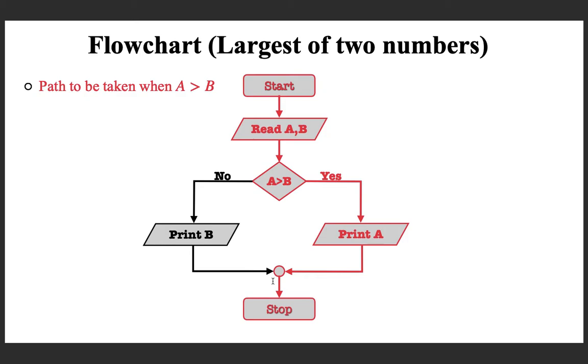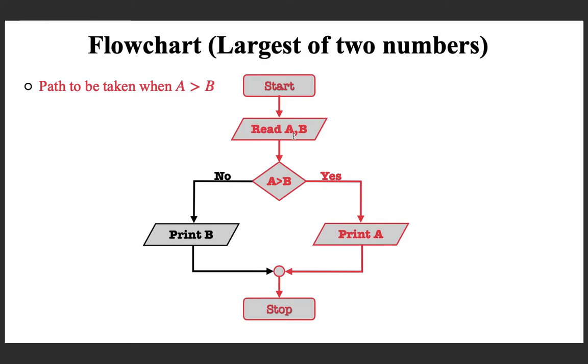Now, what is this flowchart doing? This is actually a representation of the algorithm that we discussed. This is the path in the flowchart to be executed when the value of A given is greater than the value of B. Suppose the user is giving values for A and B such that the value of A is greater than value of B. Then what is it doing?